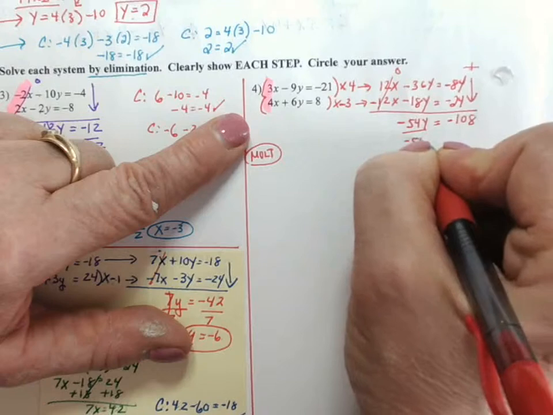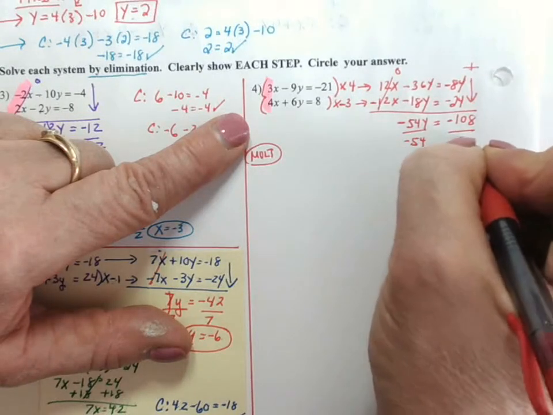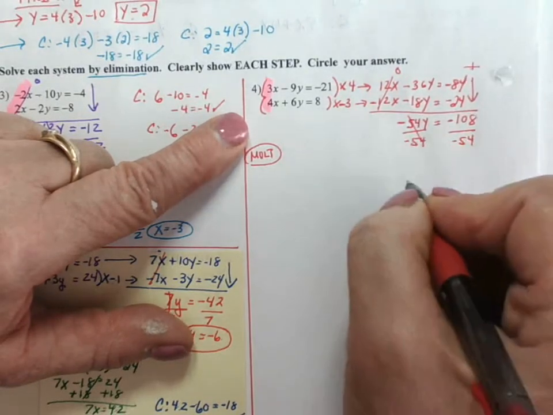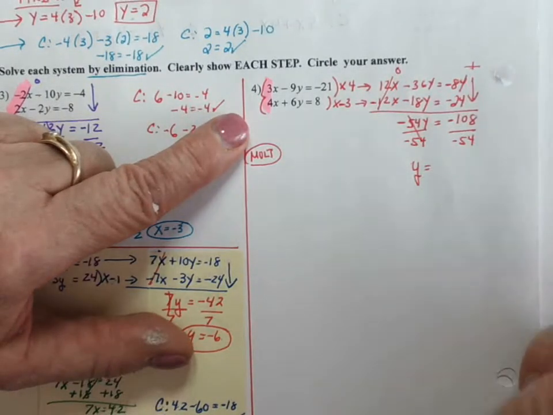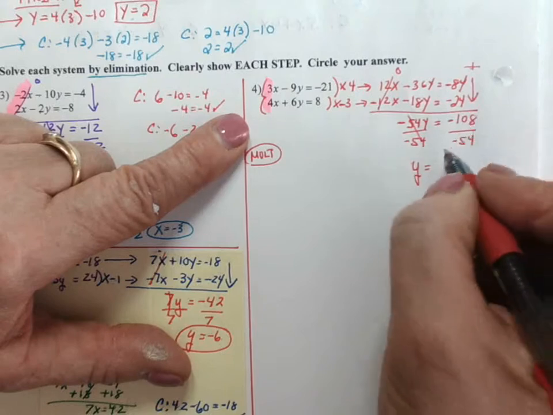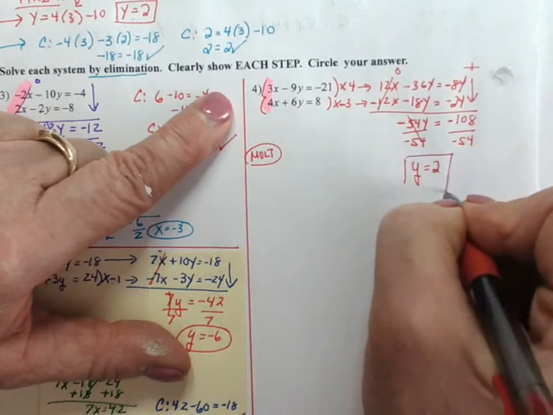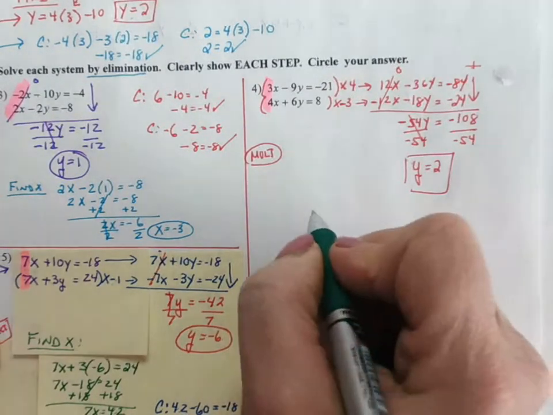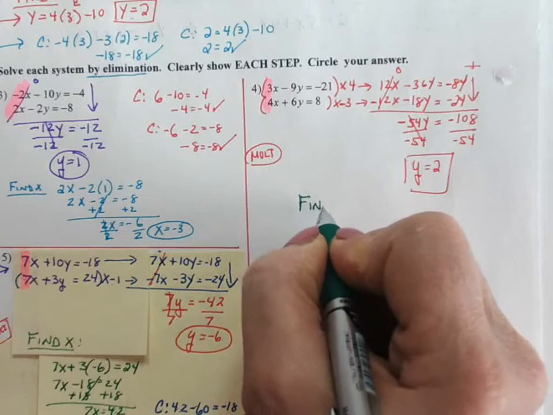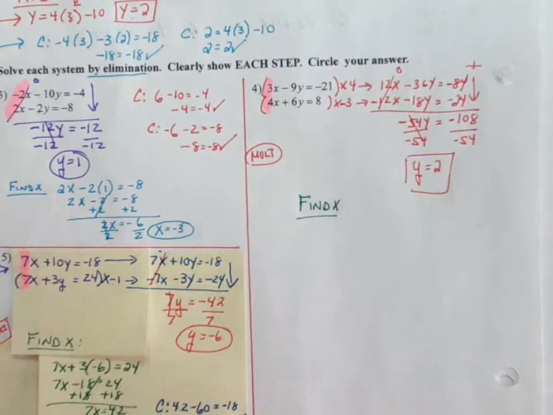Divide by negative 54. Two negatives make a positive, and 54 goes into 108 twice. So y equals 2. Now we need to find x.